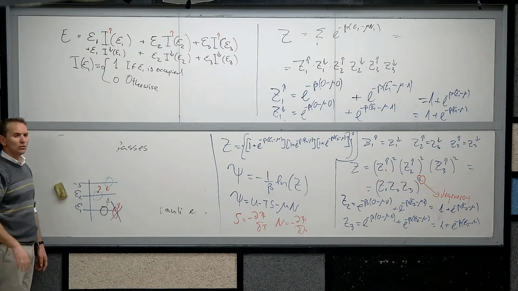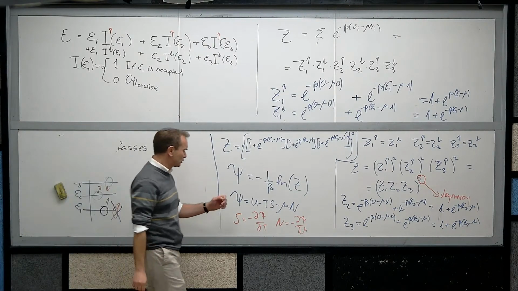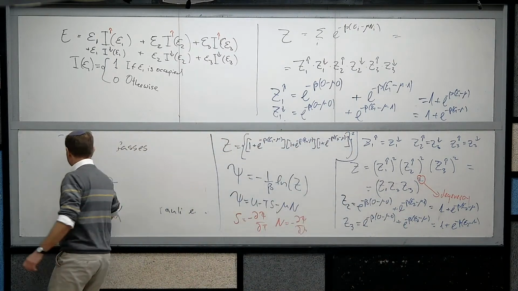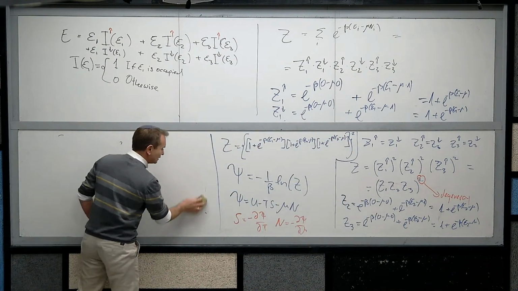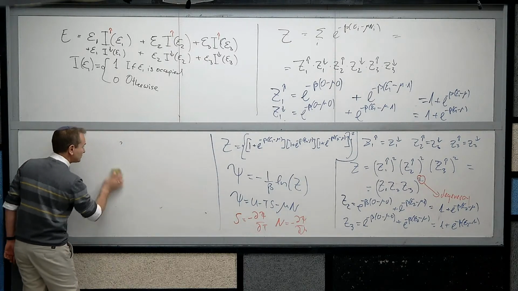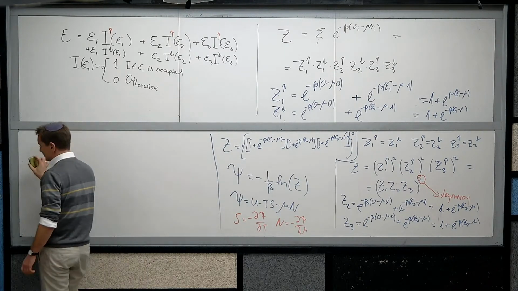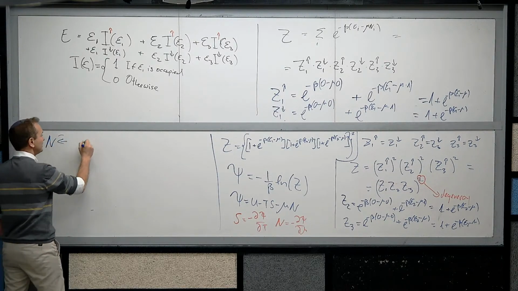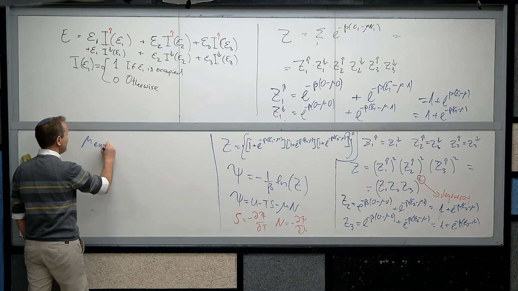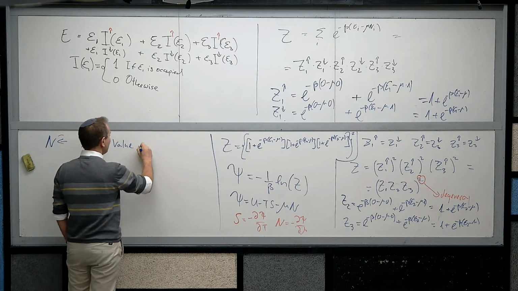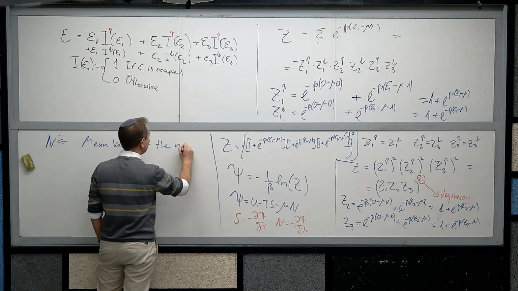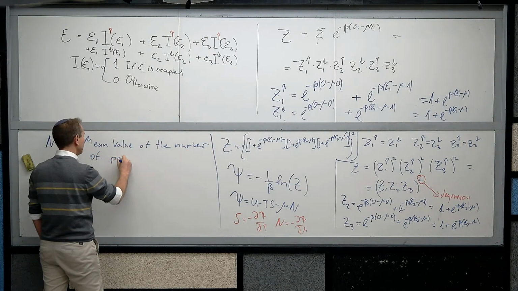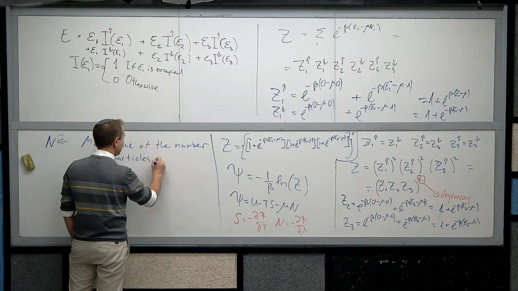Now, why do we need the occupation probability of each state? For example, if we want to compute the average number of particles. Instead of taking this derivative, we can do the following thing. N, the mean value of the number of particles in the system.